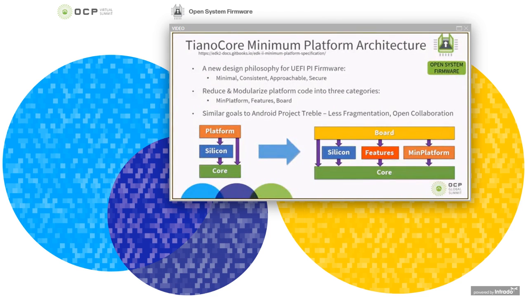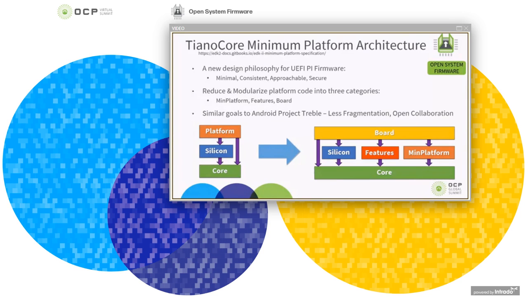So with minimum platform, we plan to fix this. It's a new design philosophy for EFI. We want to be minimal, consistent, approachable, and secure. So we really are taking the large monolithic platform bucket and breaking it up into three separate buckets now: board, features, and min platform. Min platform is a base which provides most of the common platform code implementation.